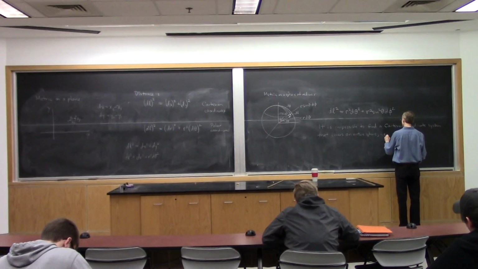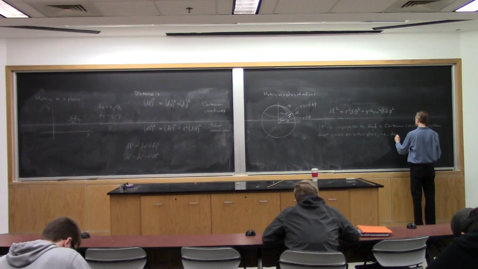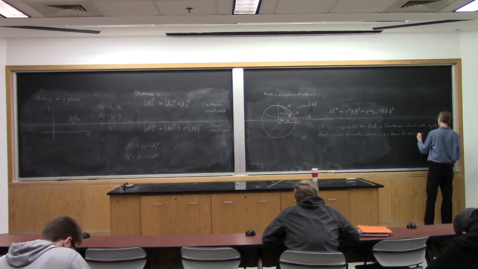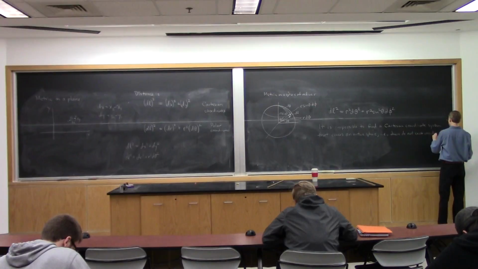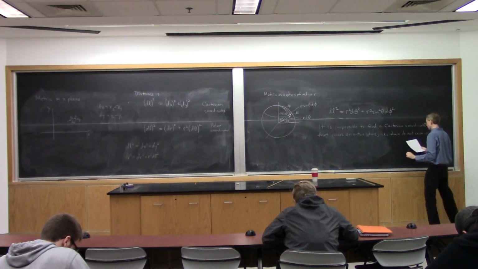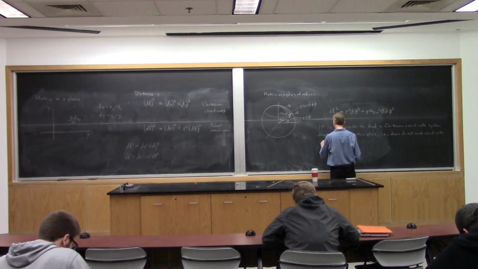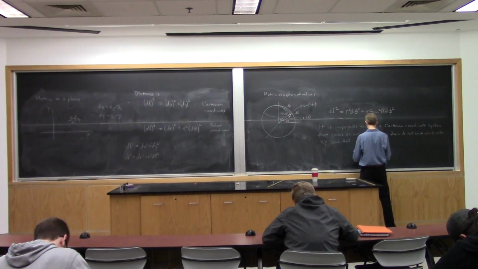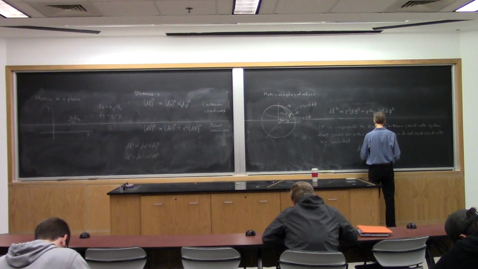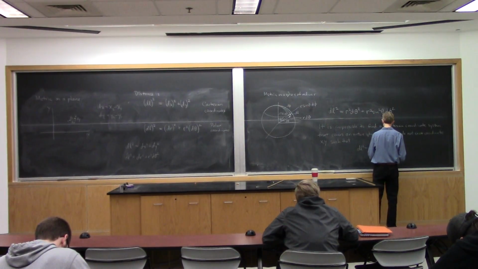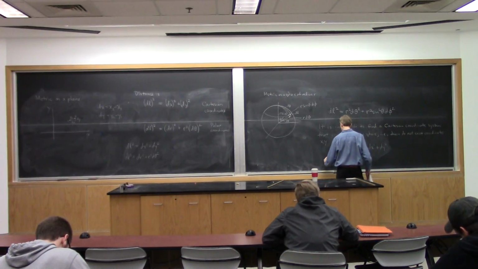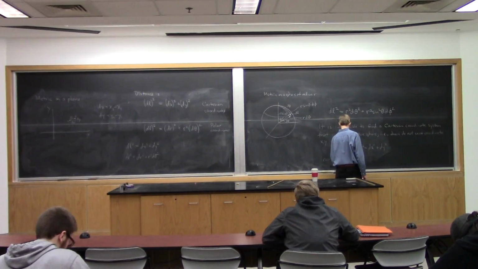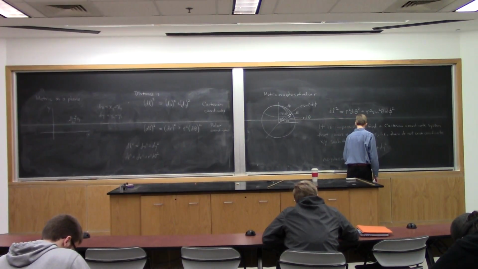In other words, there do not exist coordinates x, y such that dl squared equals dx squared plus dy squared everywhere on the sphere. Can't be done.